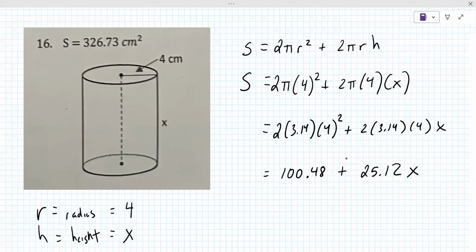Do they give you the value of S in this problem? Yeah, they do. So we're going to write that on the left side of the equation. 326.73 equals 100.48 plus 25.12 X.